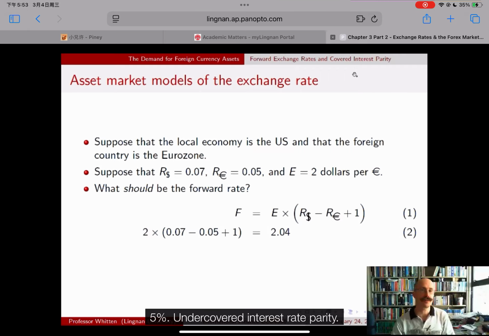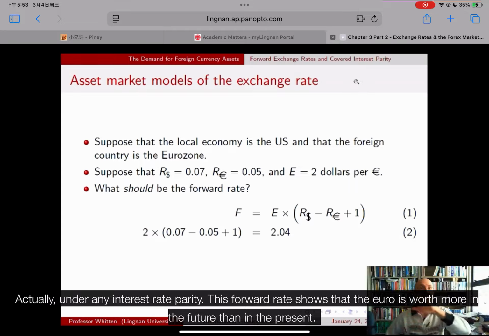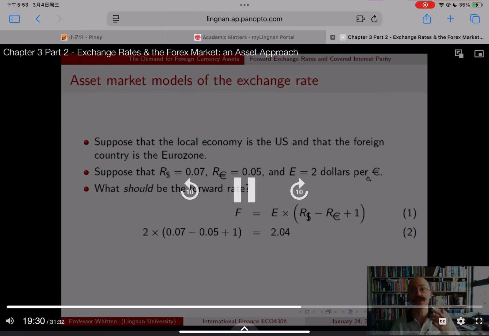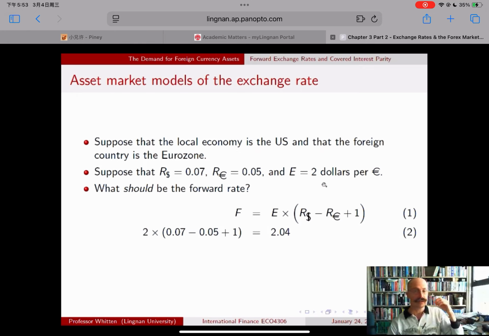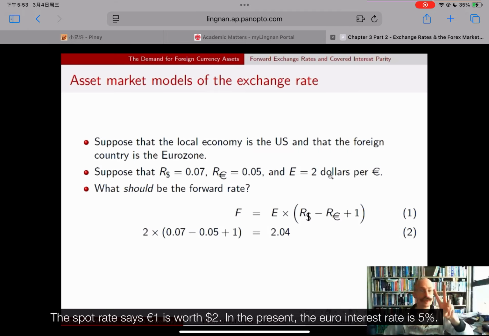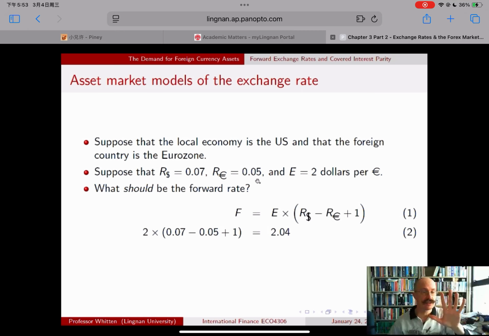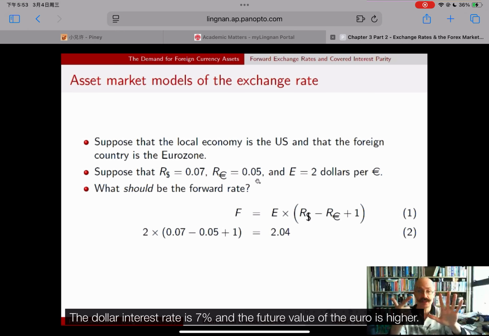Under covered interest rate parity, actually under any interest rate parity, this forward rate shows that the euro is worth more in the future than in the present. The spot rate says 1 euro is worth $2. In the present, the euro interest rate is 5%. The dollar interest rate is 7%. And the future value of the euro is higher.